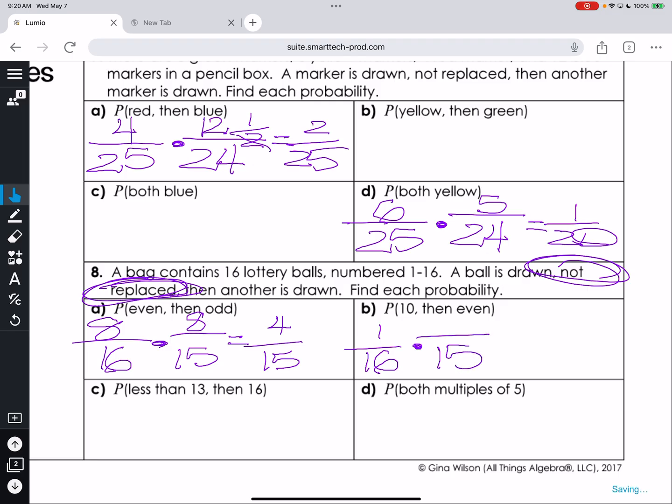What kind of number is 10? Is it even or odd? It's even. So it affects the even numbers. So to get an even, 7. So what's our final answer? Yep. You can't simplify that.